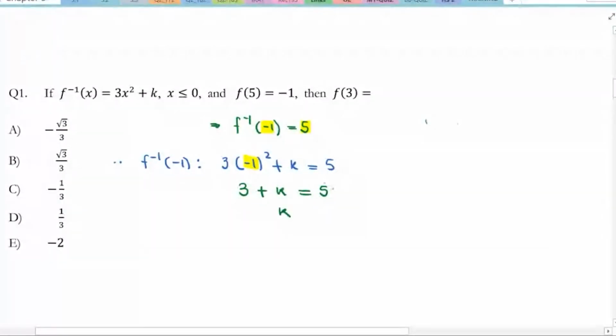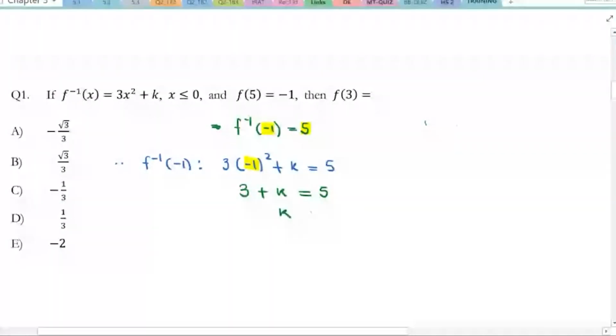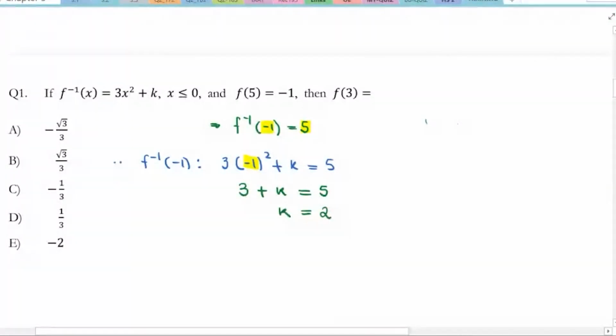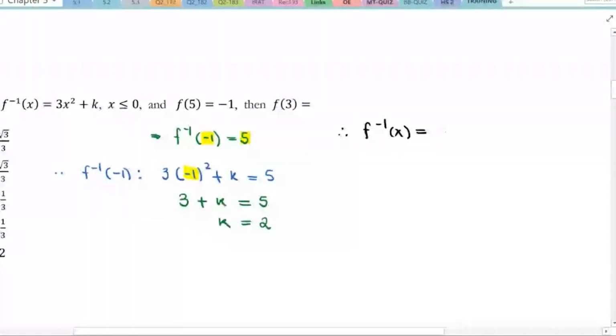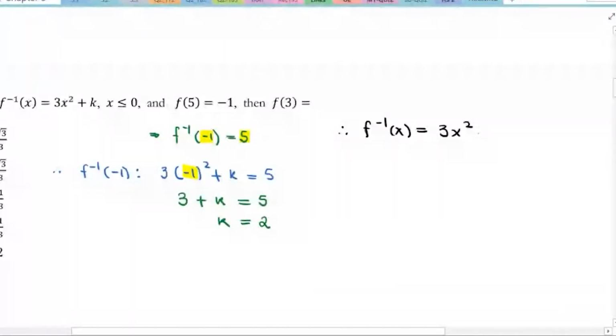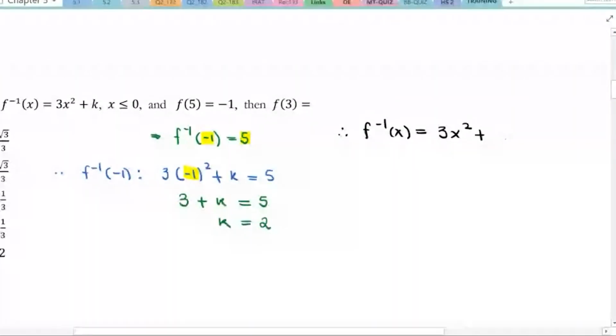And clearly, when you take 3 to the other side, we have 5 minus 3, which gives us k equal to 2. So therefore, our function becomes f inverse of x equal to 3x squared plus k, which is 2.